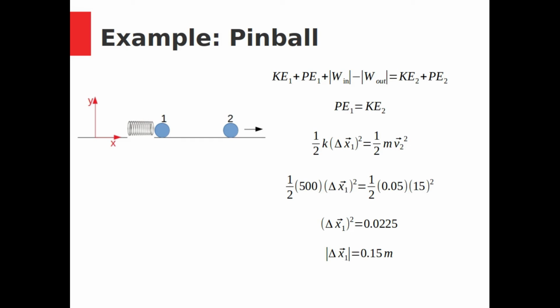So the initial spring potential energy is equal to the kinetic energy of the ball at the end. By expanding with the definitions of spring potential energy and kinetic energy, we can easily solve that the initial compression of the spring must have been 0.15 meters.